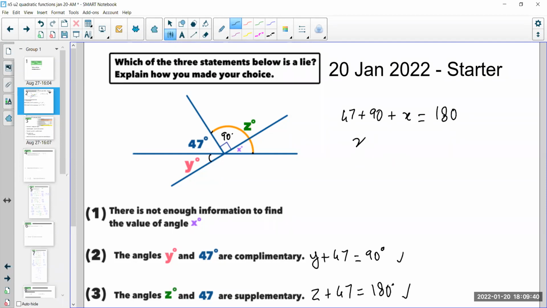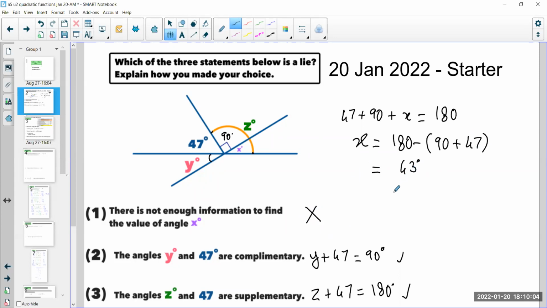And to get X, you would just put in your calculator 180, take away 90 plus 47, which is 43 degrees. So we do have enough information. So the lie is number 1.